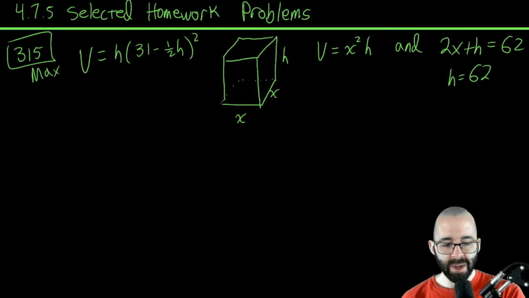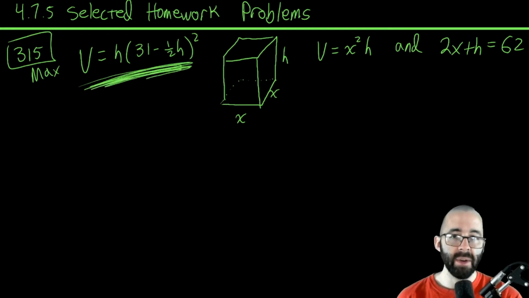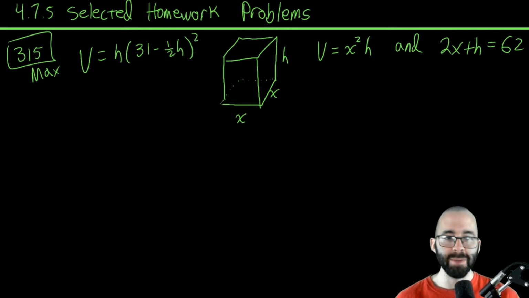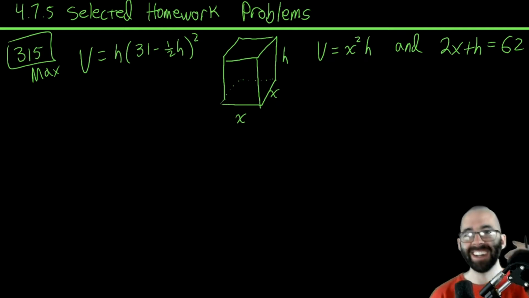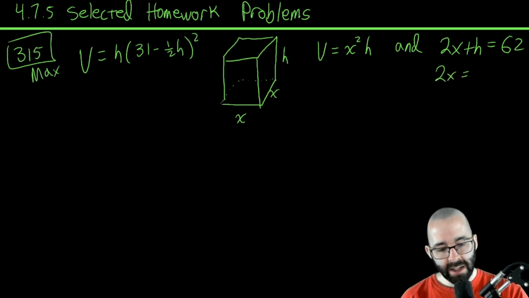But that's what I would normally do. But the problem wants us to show where this comes from. I usually switch colors. So they solved for x. They got rid of an x. So we can do that too. 2x is 62 minus h.